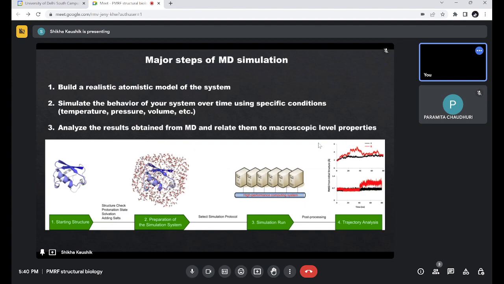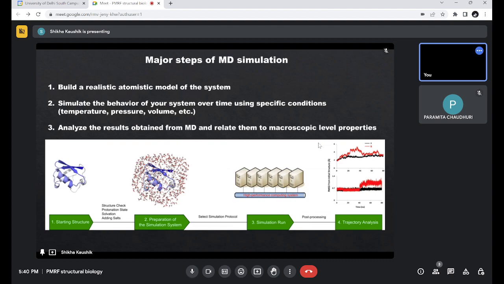So first, build the realistic atomistic model of the system, then simulate the behavior of your system over time using specific conditions like temperature, volume, pressure, etc. There are many parameters that have an effect and lead to behavioral changes in your system, and that is what you try to simulate.